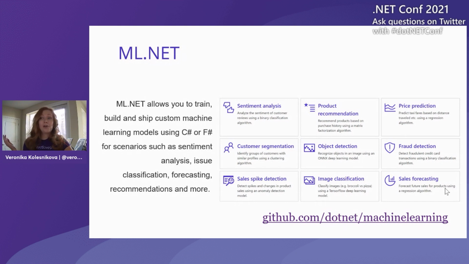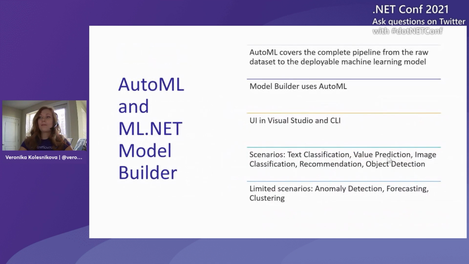Also, if you go to that GitHub repo, you can find a link to samples, and you'll be able to see future plans, what is in the pipeline, what's happening with ML.NET. So it's really useful. I definitely recommend you check out the repo.